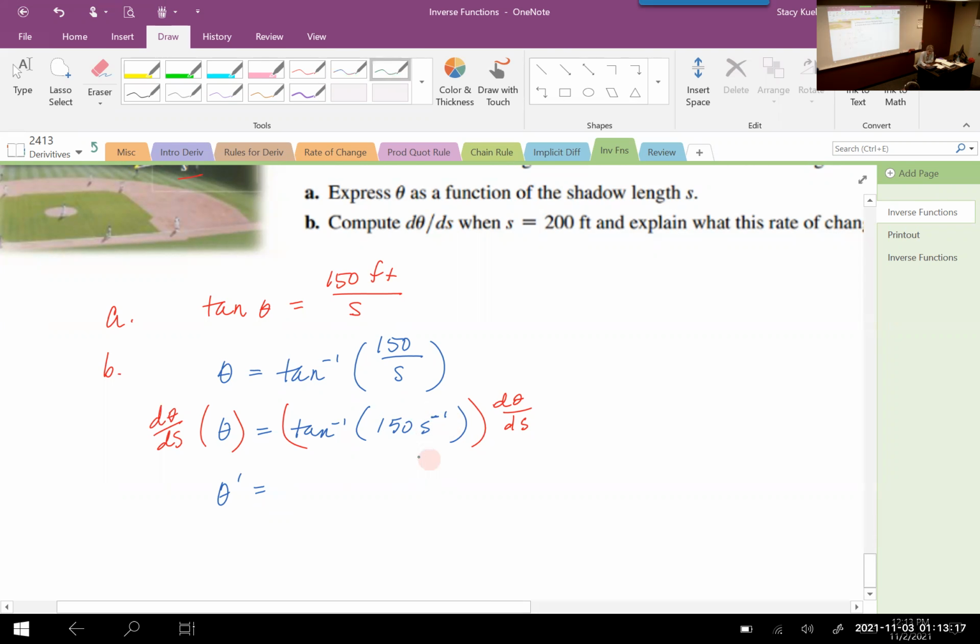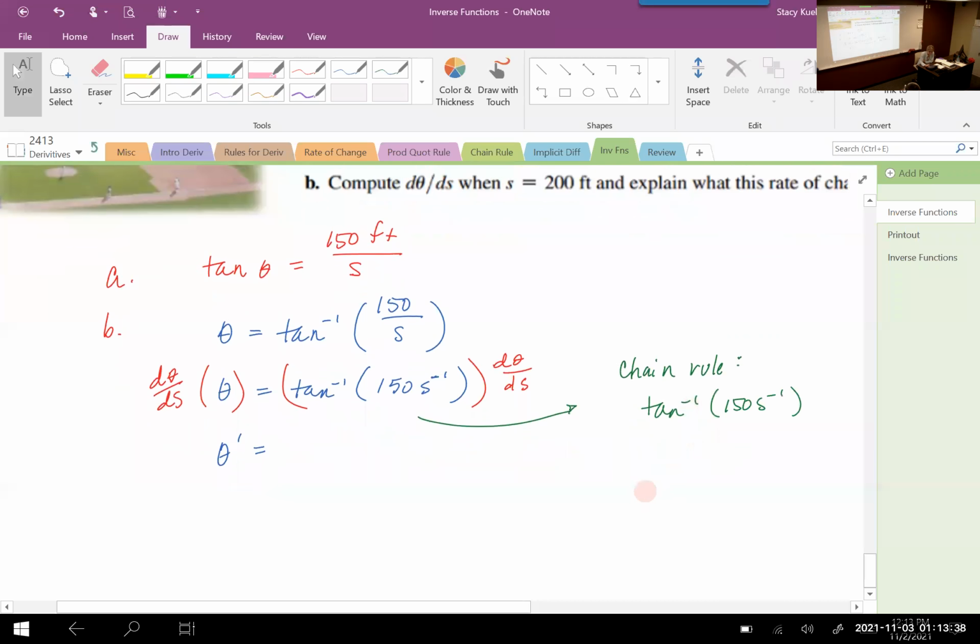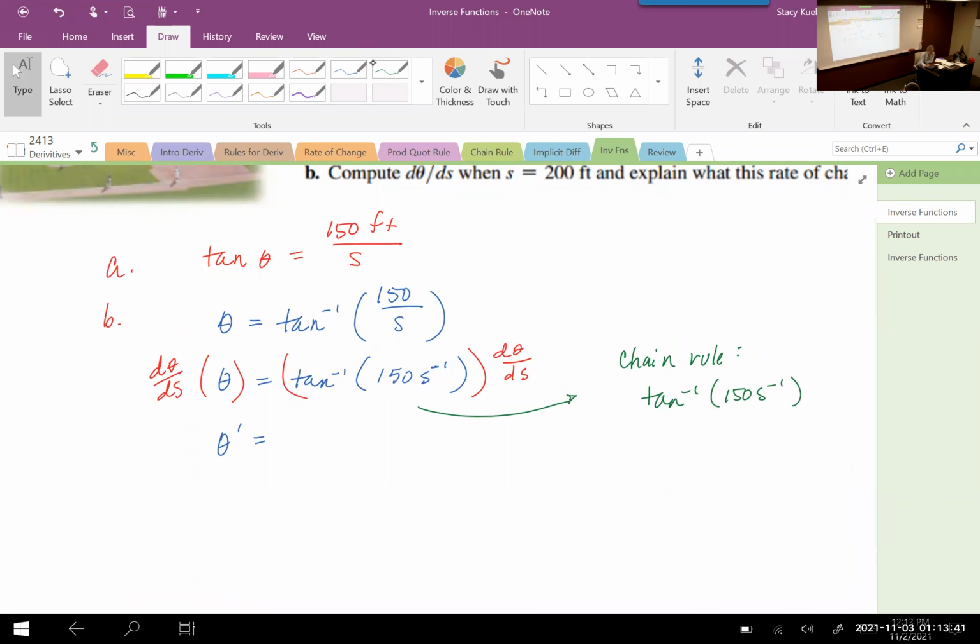So let's take this off to the side and look at it for just a second. In the chain rule for inverse tangent of 150 s inverse, if we let u be that argument in the inverse, then the derivative of the inverse tangent is 1 over 1 plus u squared, correct?